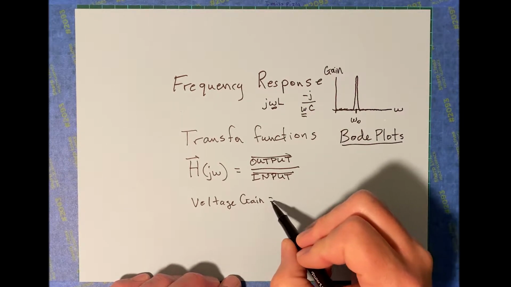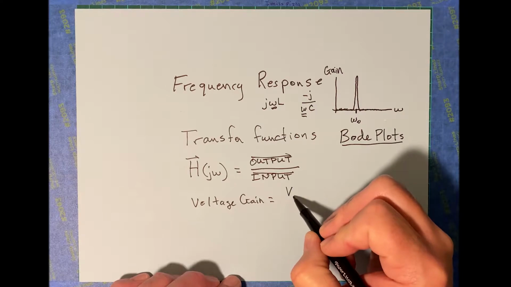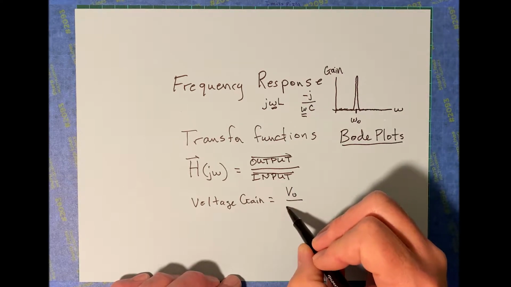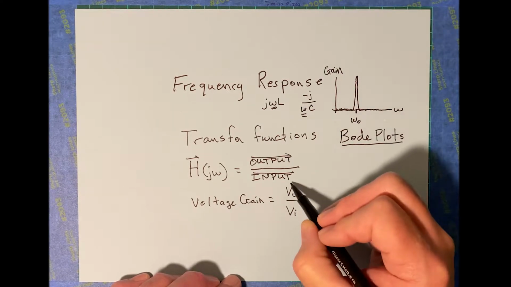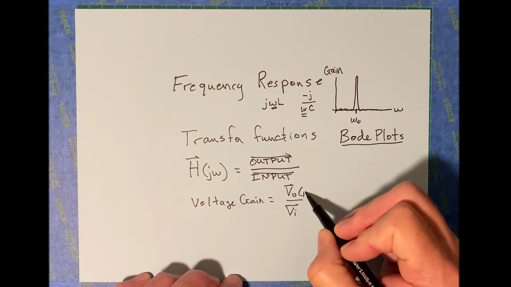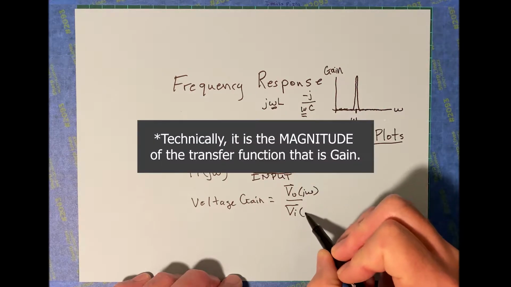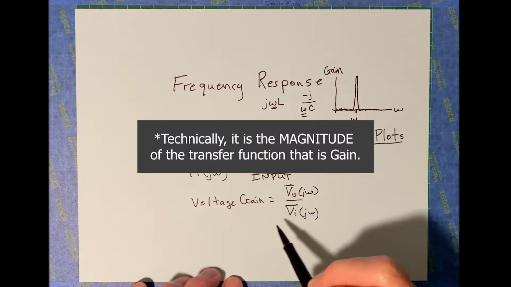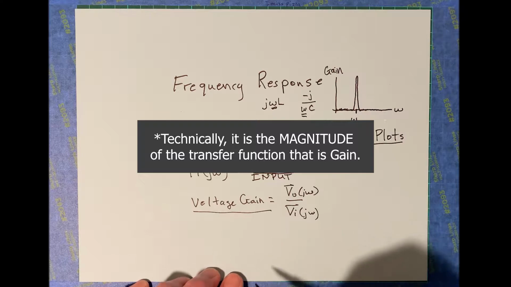Voltage gain could be thought of as a transfer function. So you're going to have some V output versus some V input. And again, those would be phasors, and they would be dependent upon frequency. Like that. So this voltage gain would be an example of a transfer function.